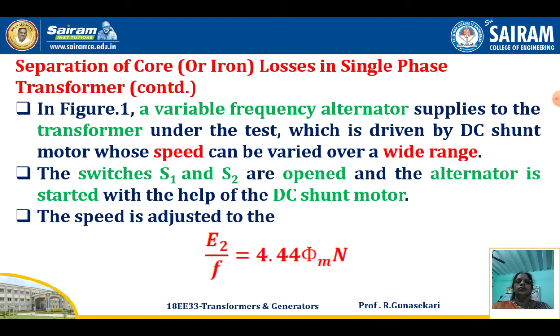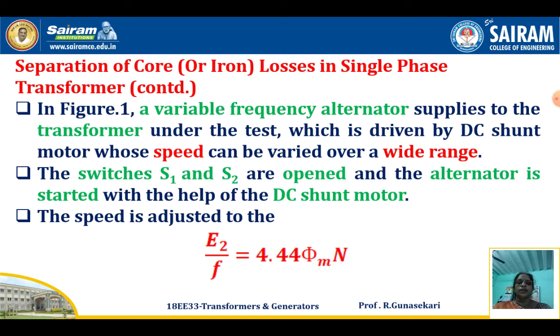In figure 1, the variable frequency alternator supplies the single phase transformer. Under test, the alternator is driven by a DC shunt motor whose speed can be varied over a wide range. The switches S1 and S2 are opened, and the alternator is started with the help of the DC shunt motor.